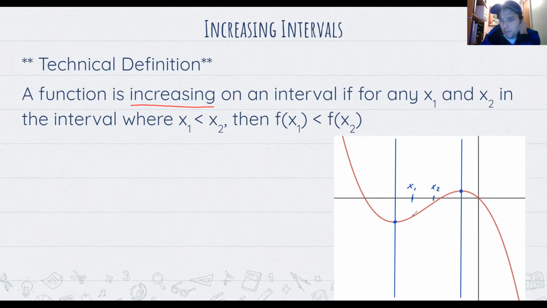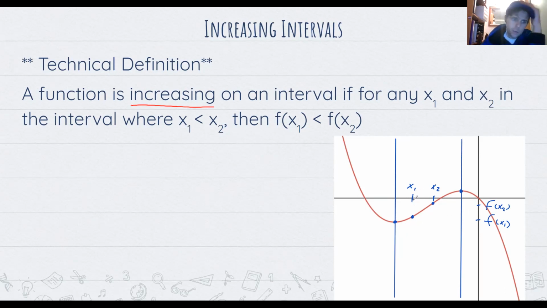Then the output of that function, which would be right here, approximately, f of x1, is going to be less than the output for f of x2, which would be approximately over here. That's going to be true for any two points that we choose inside of this interval.